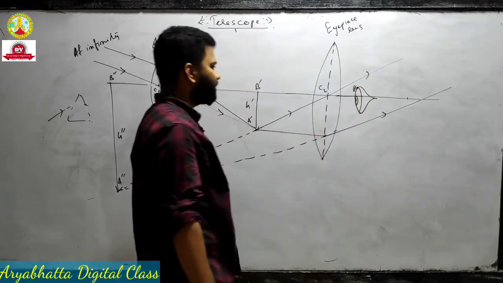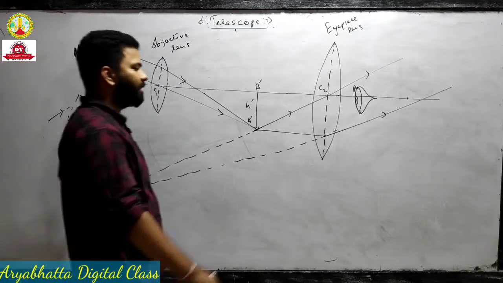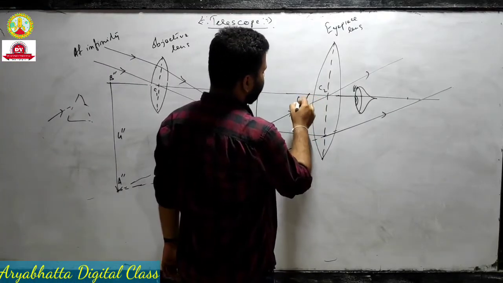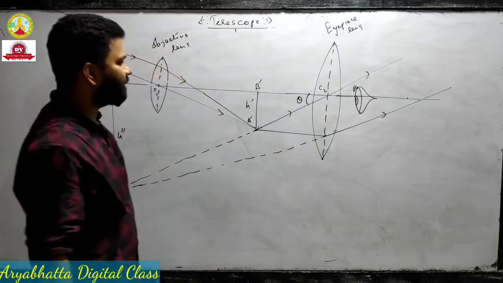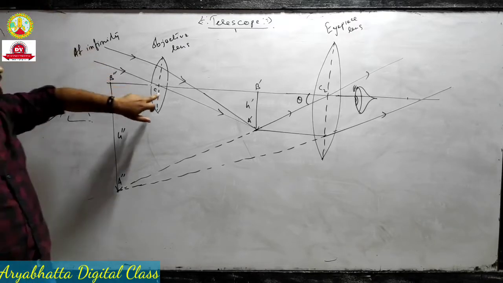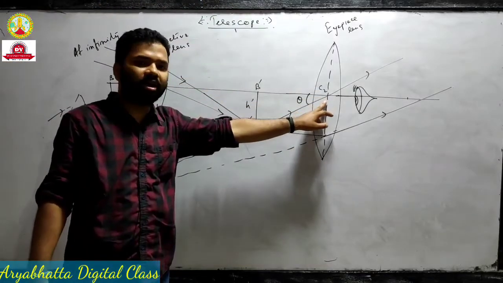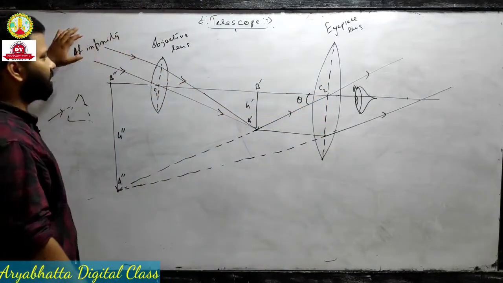Okay. So what is the angle made by the final image with the eye? This angle is the angle made by the image with the eye. What is the angle made by the object? Object is at infinity. So whatever the angle made by the object with this center, the same angle almost will be made by the object with this one, because same angle.